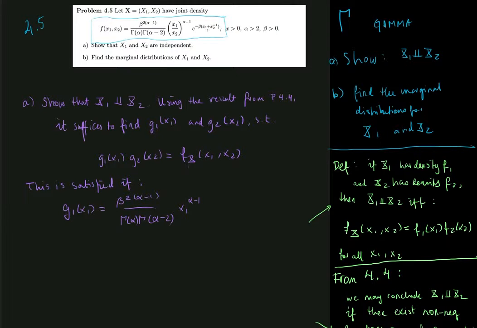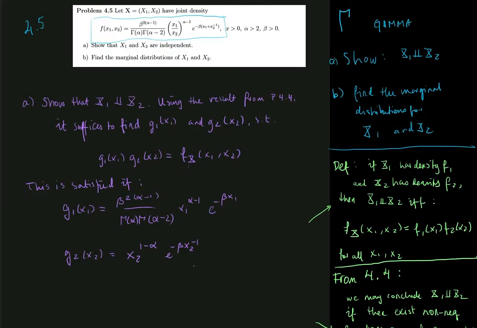And then what do we have? e to the minus beta x1. So that seems pretty safe. And then we just let g2 be the rest. So g2 is x2 to the 1 minus alpha, and then multiplied by e to the minus beta x2 to the minus first.